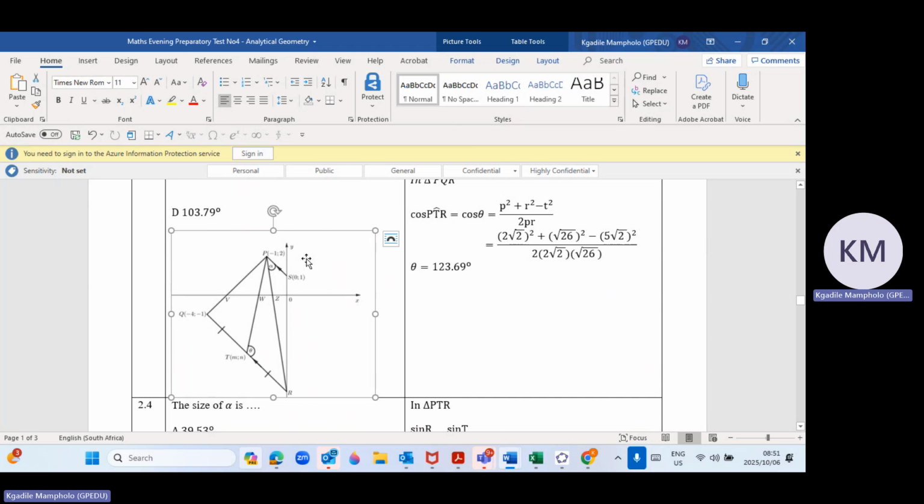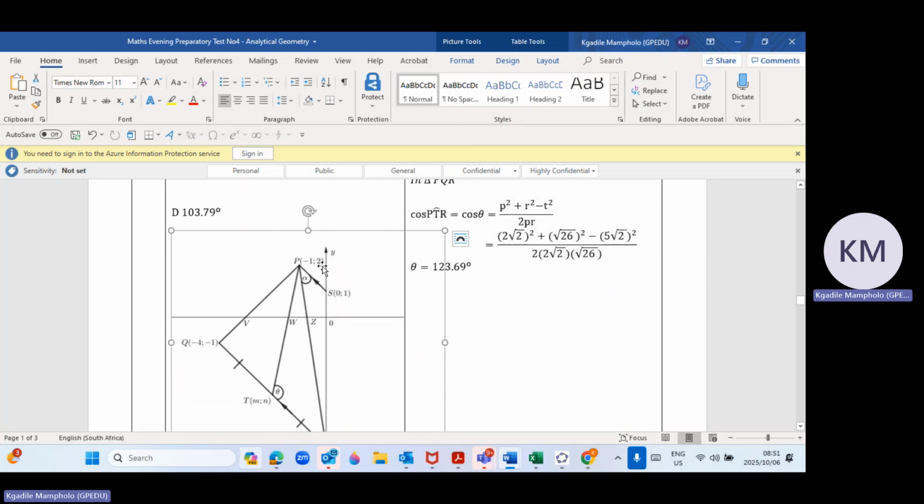You'll use the distance formula first to calculate the length of PT, because we know the coordinates of P, which is -1 and 2, and the coordinates of T, which is -2 and -3. We just calculated that.